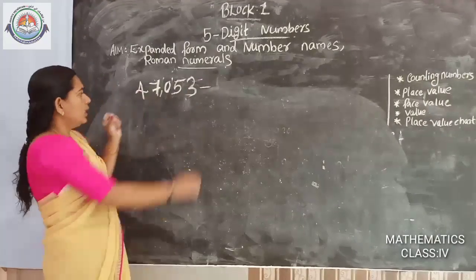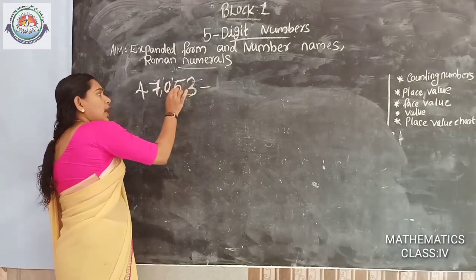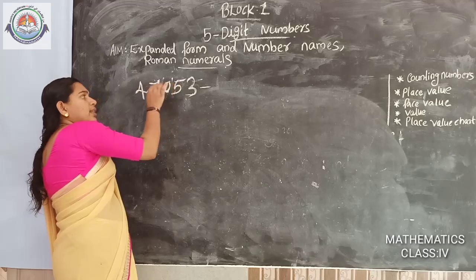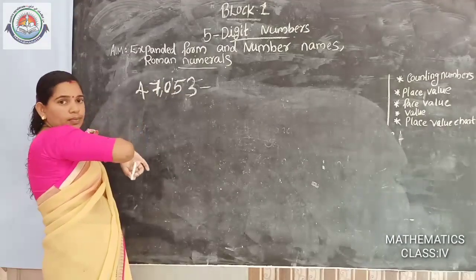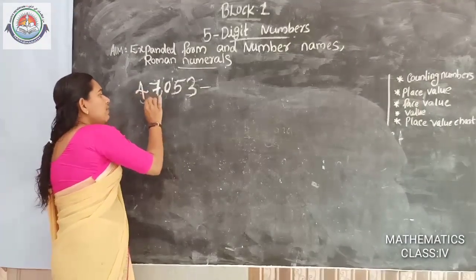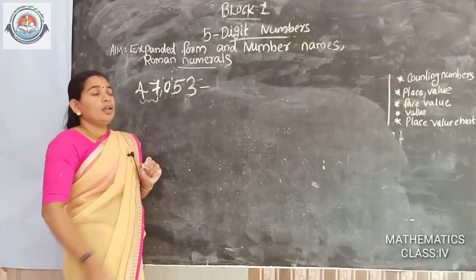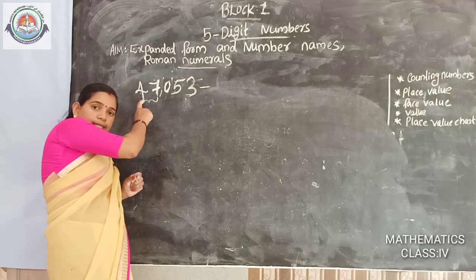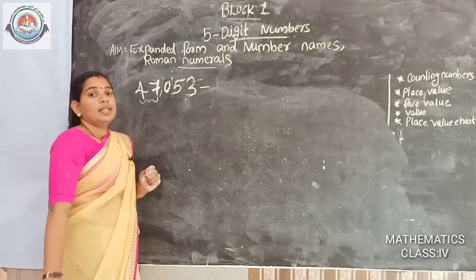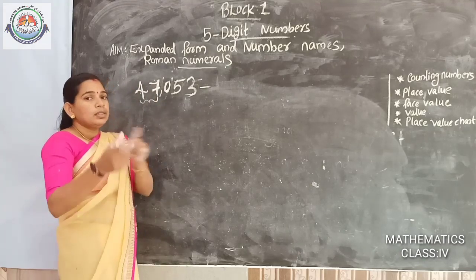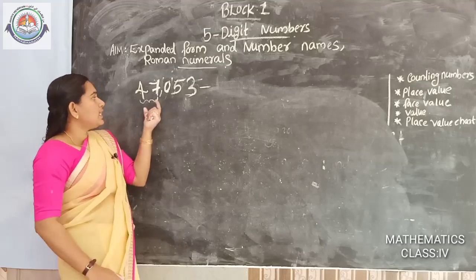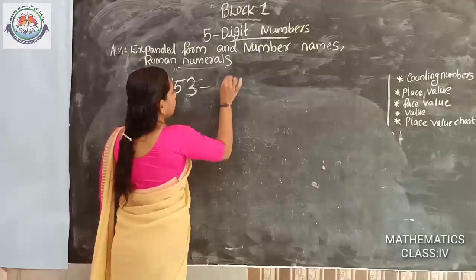Here you look. This is ones place, tens place, 100, 1,000 and 10,000. So 4 and 7: the 4 is in the 10,000 place, and the 7 is in the 1,000 place. So we write together 47,000.